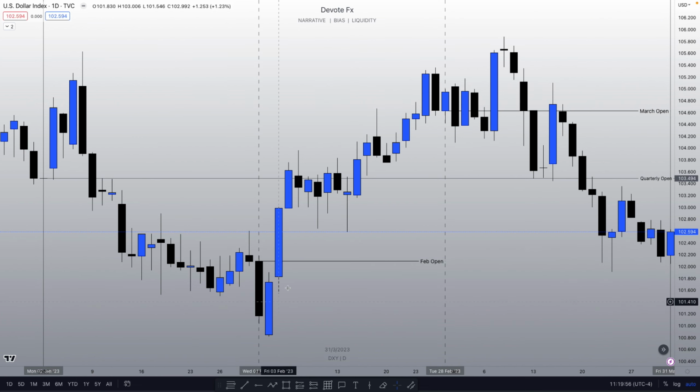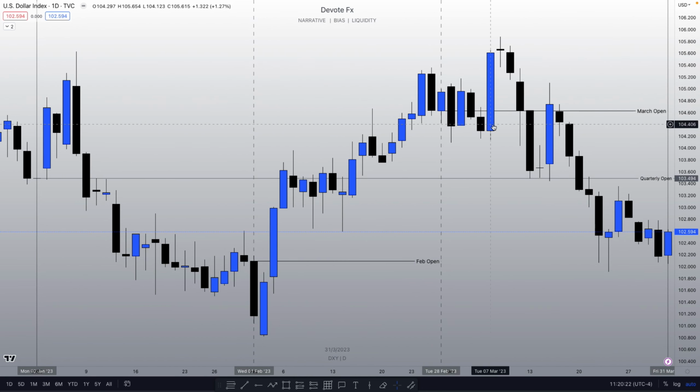Easy here. I believe this was a monthly fair value gap that it dropped into here. From there, we had our short-term shift in market structure, fair value gap, displacement, trades back into it, and then we offset longs accumulated below these lows above this high, and then we started our SAR model.